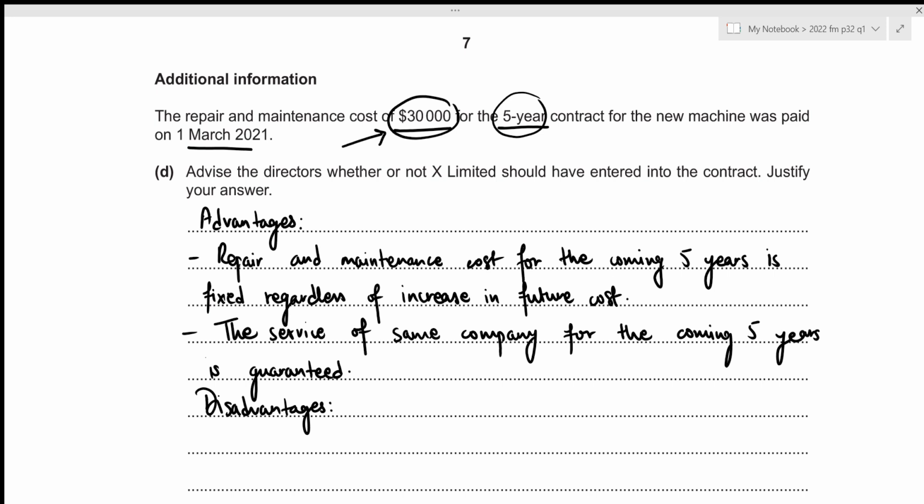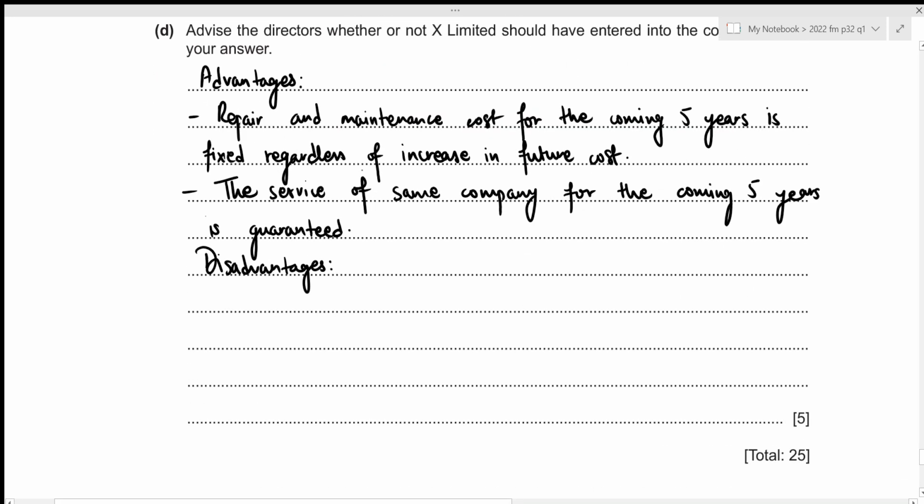But we entered into a contract and made the entire payment at once. Let's write it down. A one-off payment may adversely affect the cash flow.